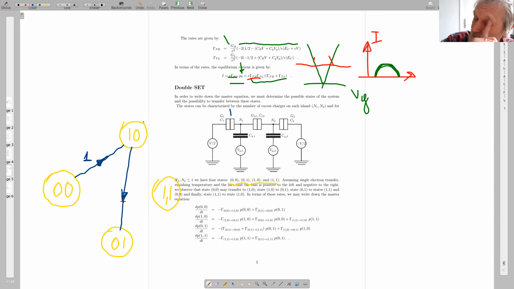That involves transitions through the junction, let's say junction 1, 2. And then another electron can come to the left, and we go to 1, 1.